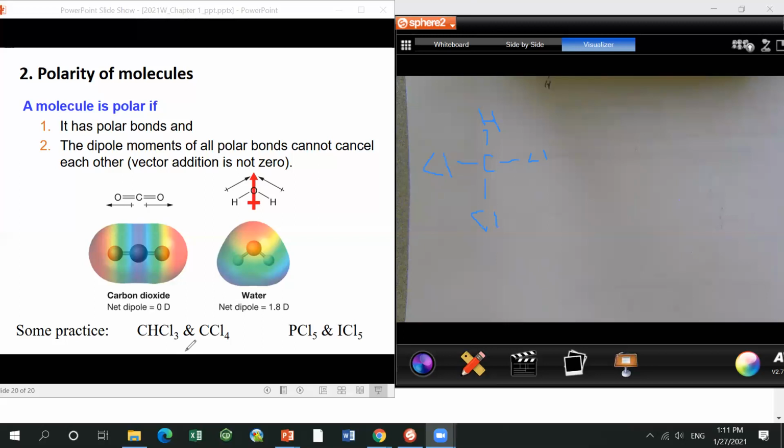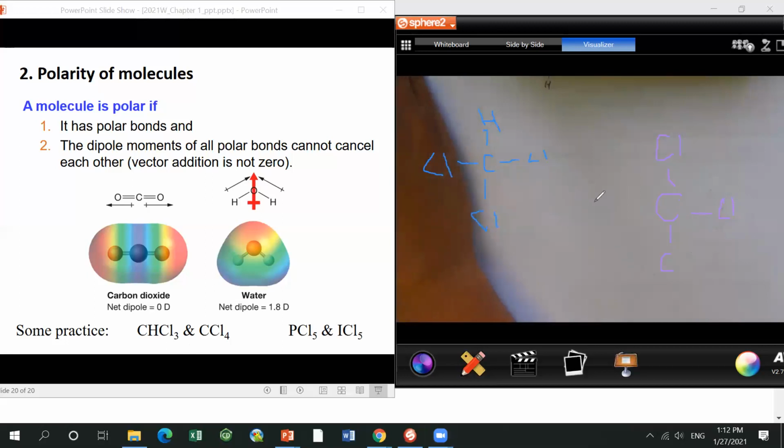Not done yet. Other people can also try it. Remember, for Lewis structures you also need to label the lone pair electrons.